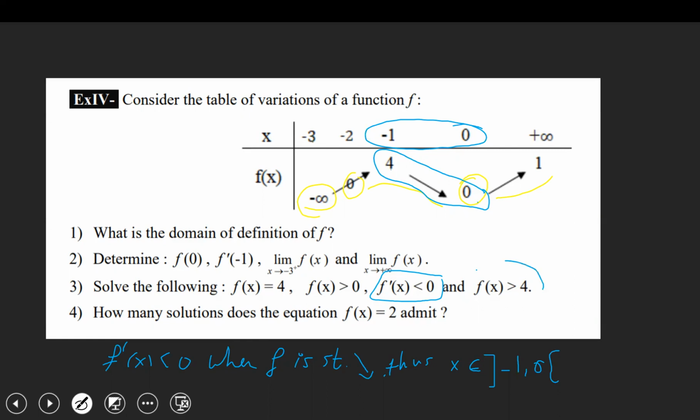Concerning the last question, f of x greater than 4. Look at the curve: it starts from -infinity, it reaches 4 and then below. There is nothing higher than 4. All of the values of the function are below 4. So what is the solution of f of x greater than 4?